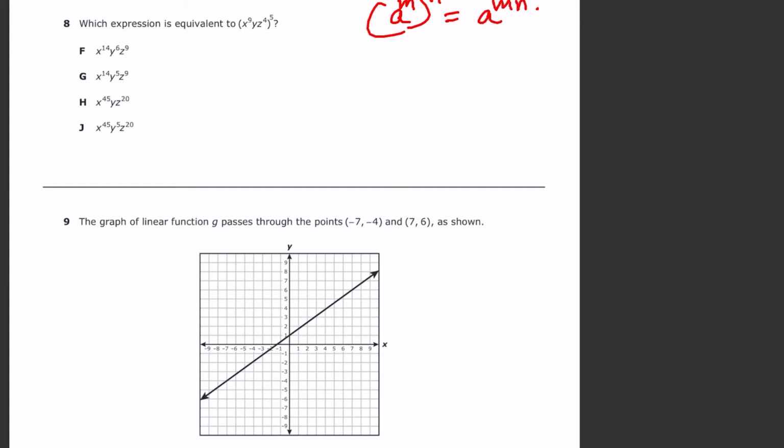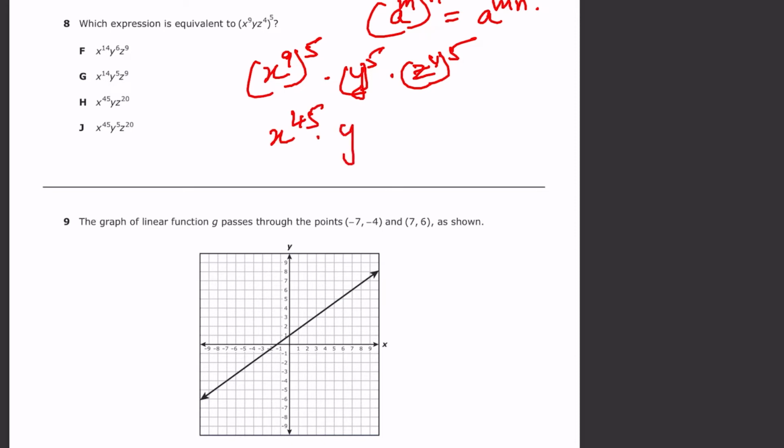So using that property, you can write this as x to the power of 9 whole to the power of 5, and you can take it individually to each and every variable. So y to the power of 5 into z to the power of 4 whole to the power of 5. So this is x to the power of 45 into y to the power of 5 into z to the power of 20.